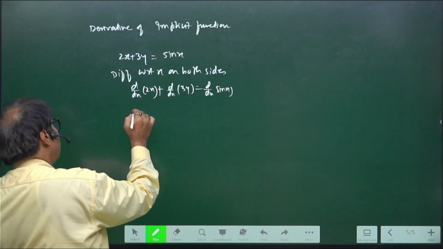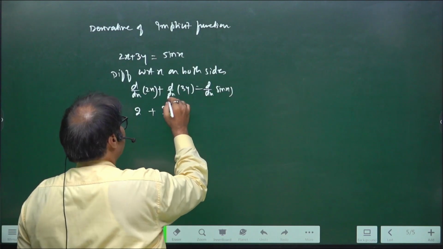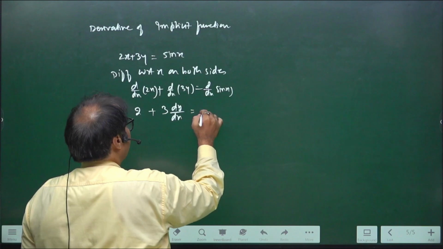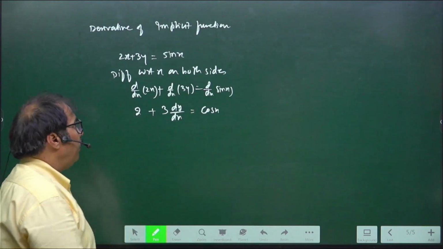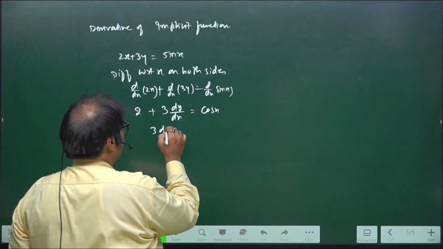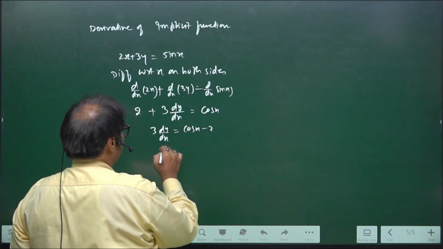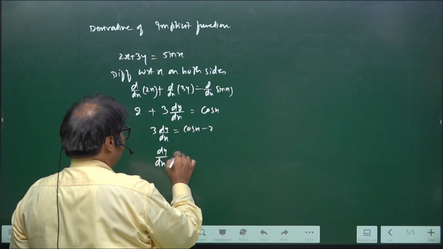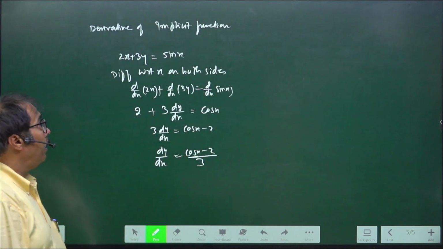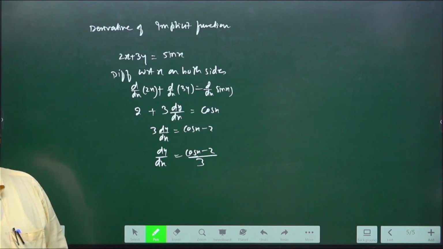The derivative of 2x will be 2 into 1, 2, plus the derivative of y means dy by dx, and the derivative of sine x is cos x, and we have to find the value of dy by dx. So 3 dy by dx is equals to cos x minus 2. So finally dy by dx is equals to cos x minus 2 divided by 3. This is the value of this derivative function.